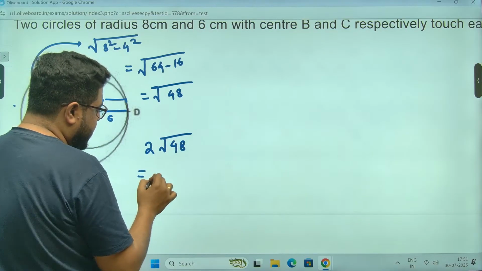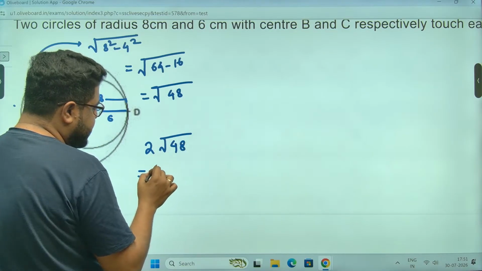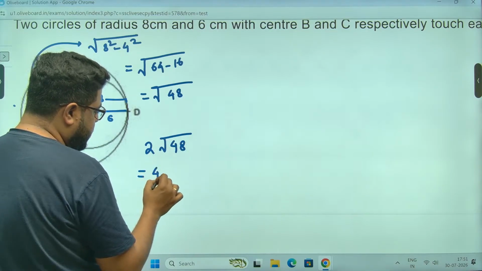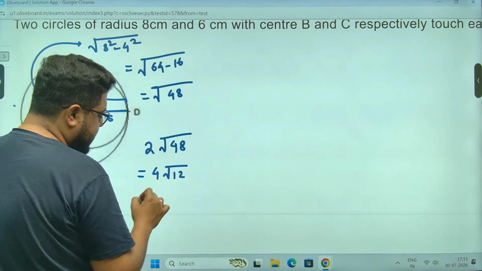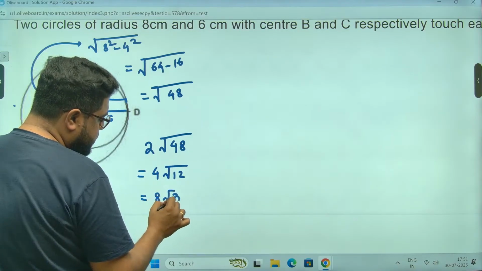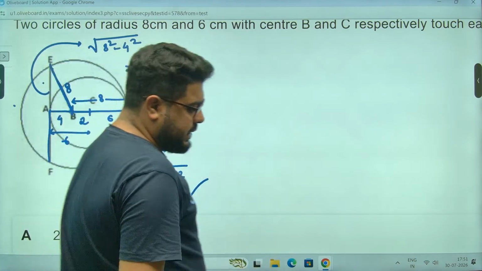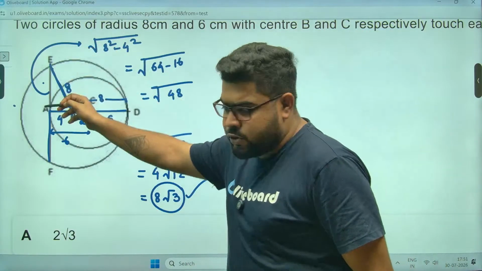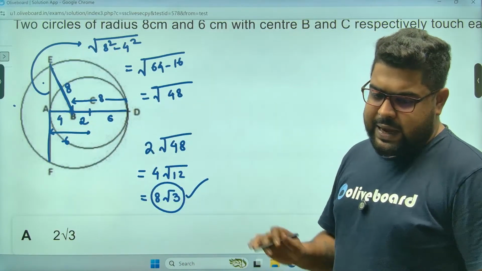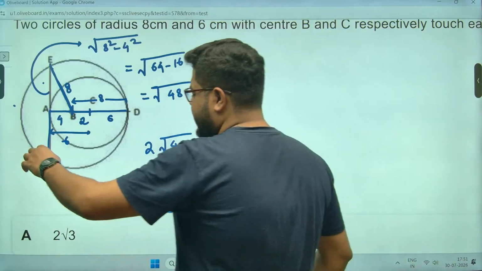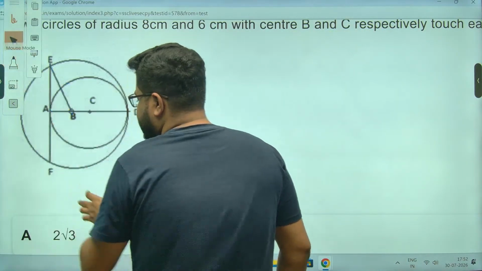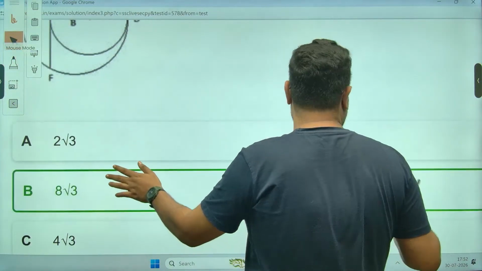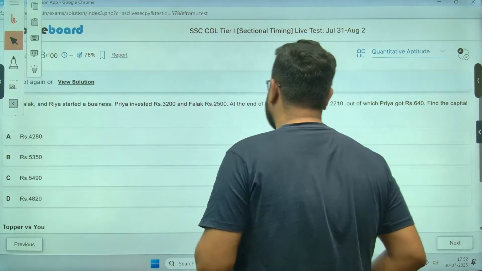Now let's calculate this. 4 12s are this. 4 meaning 2 to 4, again 12, another 2 will come out. So 8 root 3 will be the correct answer. This is 4 root 3, this is 4 root 3. Again, very simple. It just looks a little weird, but 8 root 3, 100% is your correct answer.